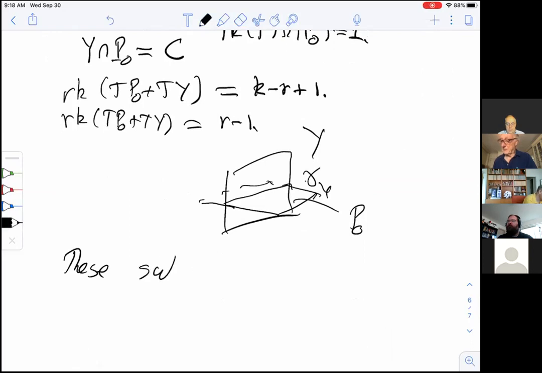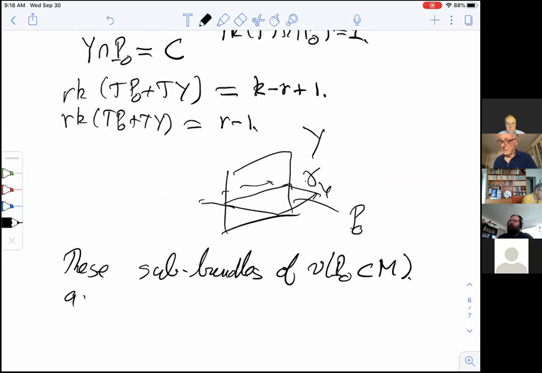These subbundles of the normal bundle of P naught in M agree at the 2 points of intersection at A and B.